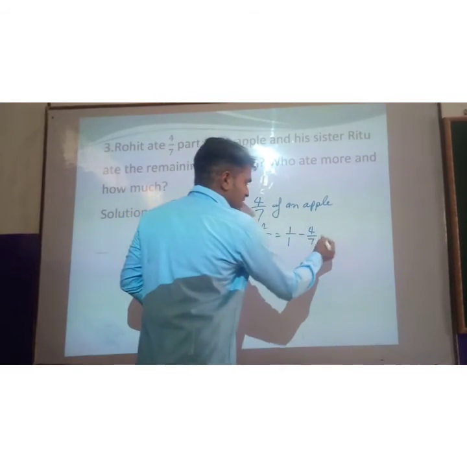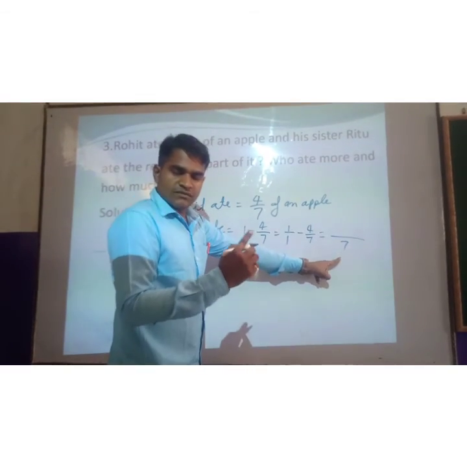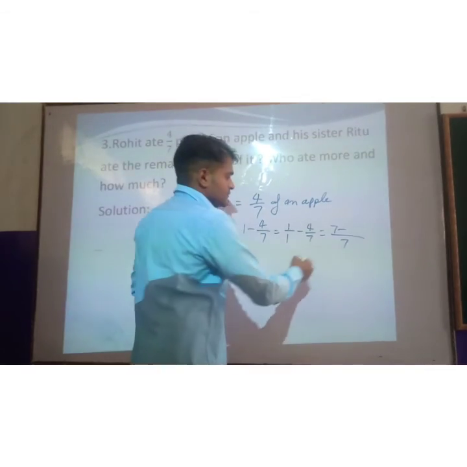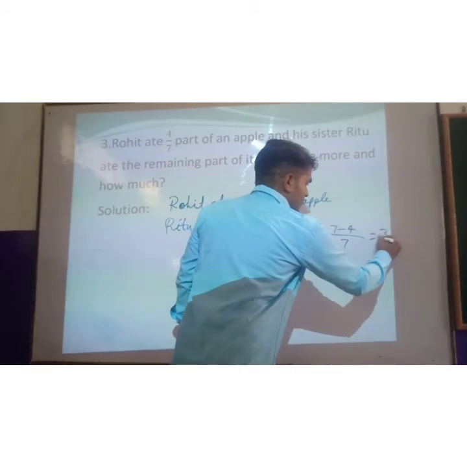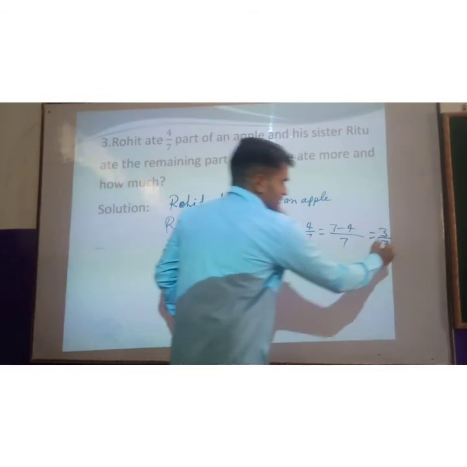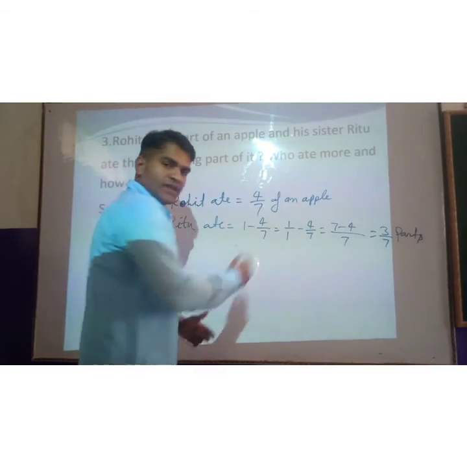Now take the LCM of 1 and 7, that is 7. 1 divided into 7 gives 7. So 7 into 1, 7 minus 4, 3 upon 7. So Ritu ate 3 upon 7 part of the apple.